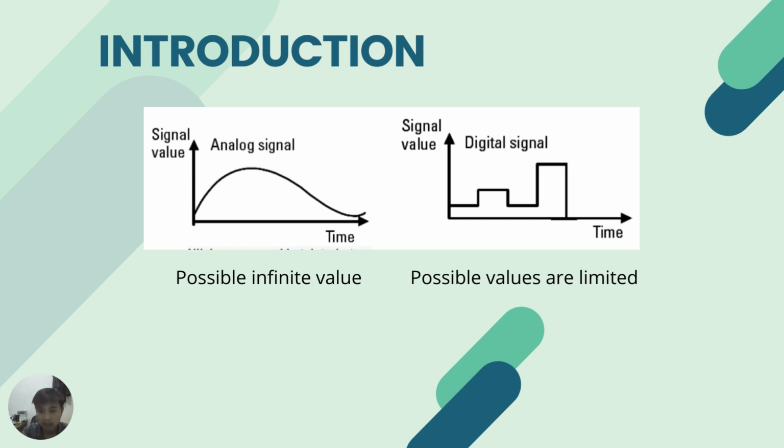The coding capability reduces errors and improves quality. Voice and data can be combined easily in processing, and it is easy to implement. I think that's the reason why we have to convert analog to digital signals.